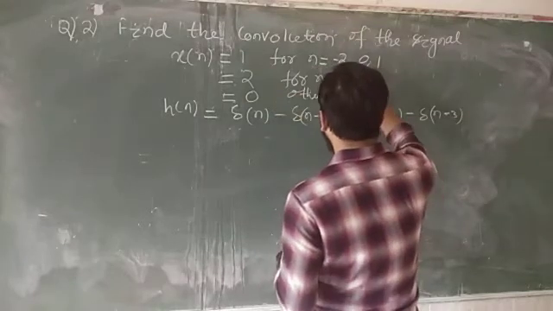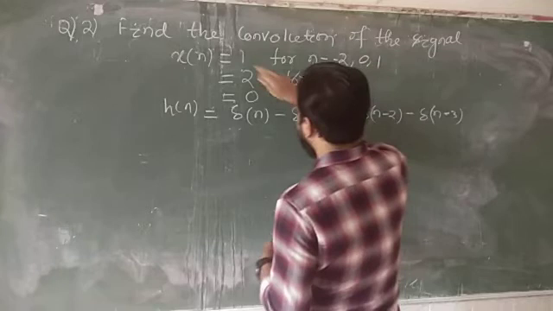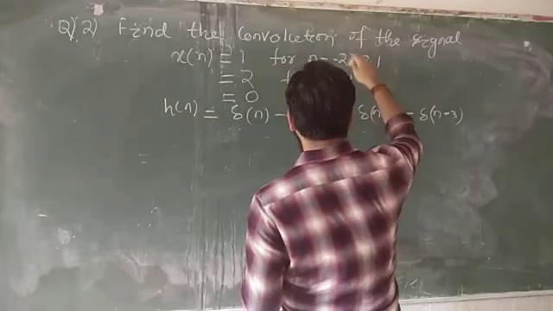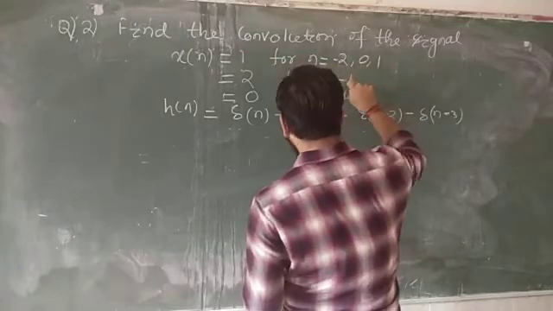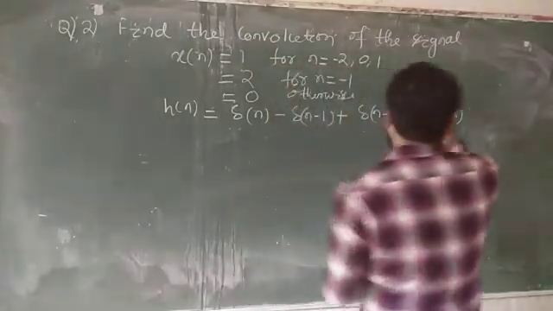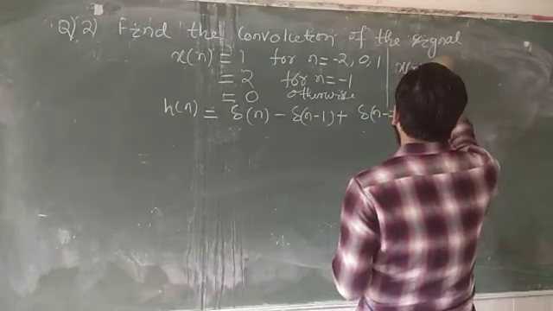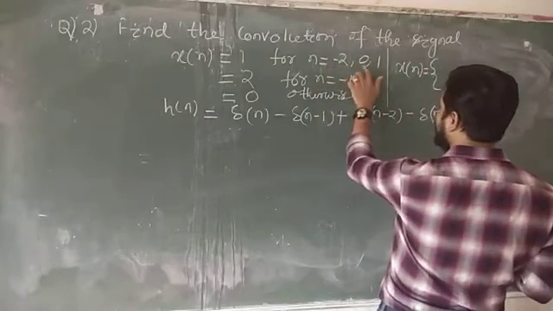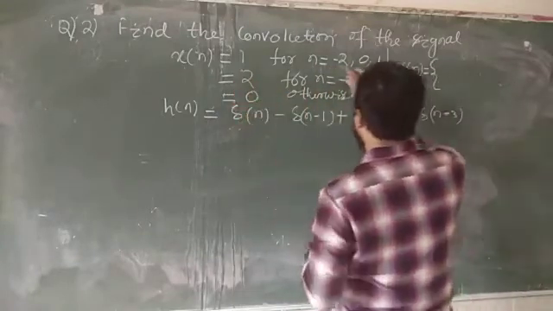That means we can count 1, 2, 3, 4. At 4 positions the value is only 1 and 2. At time minus 2, 0, 1 the value is 1, and at time minus 1 the value is 2. So how to write it? Here I am writing. The total number of time instants present is 4, hence we have to write accordingly.